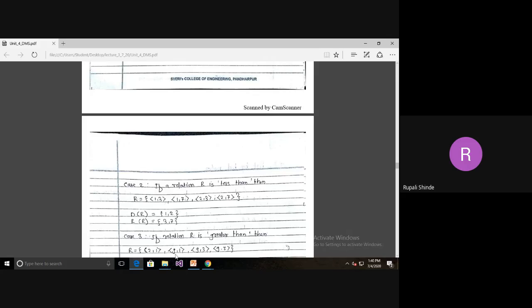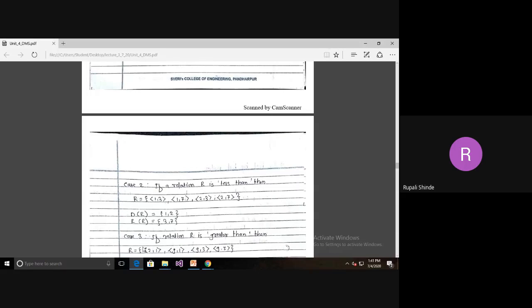So again, in the third case, the relation is greater than, which means the first element of the ordered pair must be greater than the second element. Now check whether this relation satisfies the greater than property. So 2 comma 1, 9 comma 1, 9 comma 3, 9 comma 7.